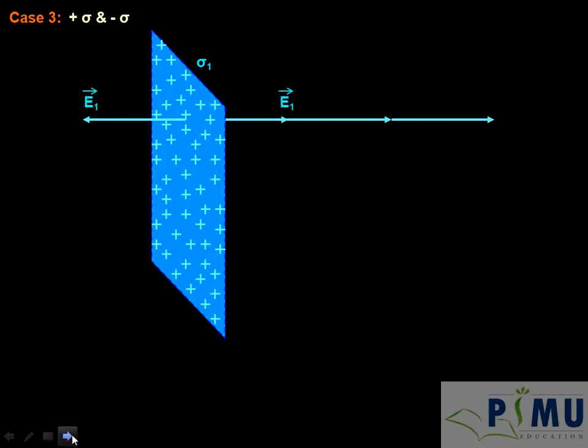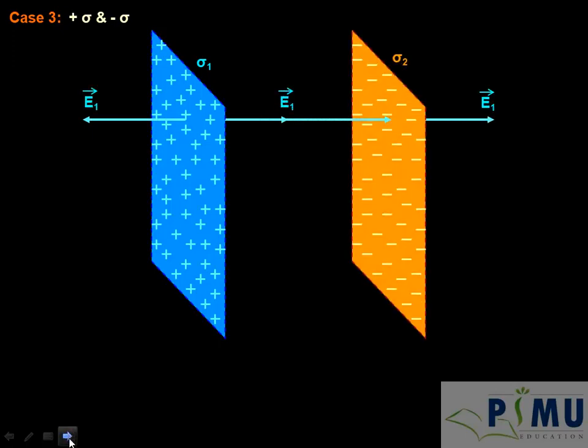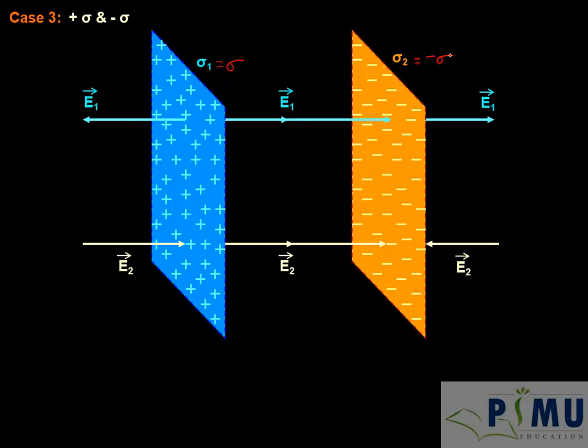So sigma 1 is having charge density sigma 1, other is having charge density minus sigma 2, but they are equal. Sigma 1 and sigma 2 are having the same magnitude, so we can show it like that: sigma 1 is equal to sigma 2 is equal to minus sigma.